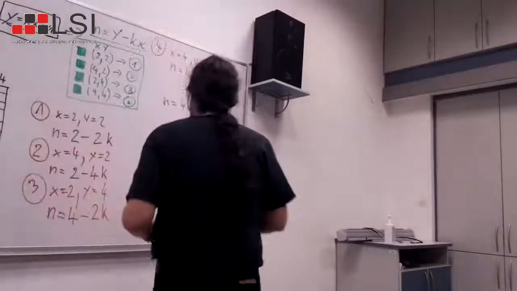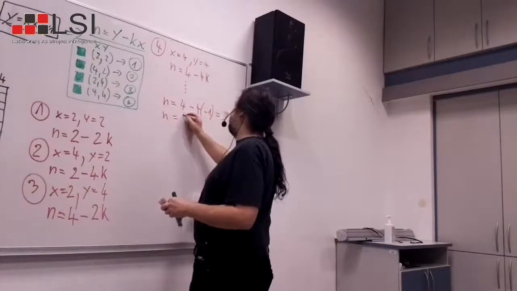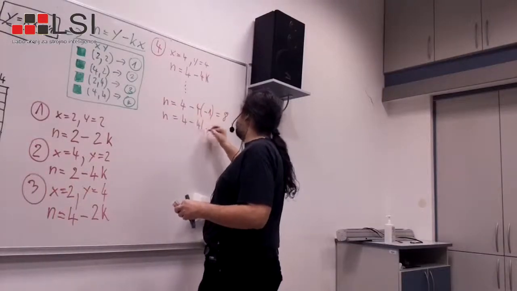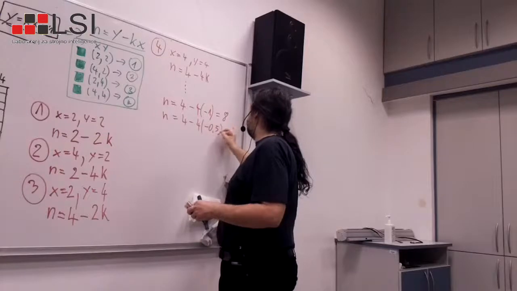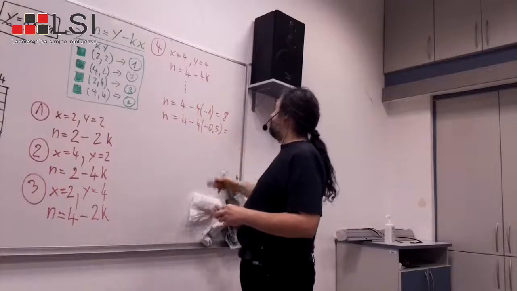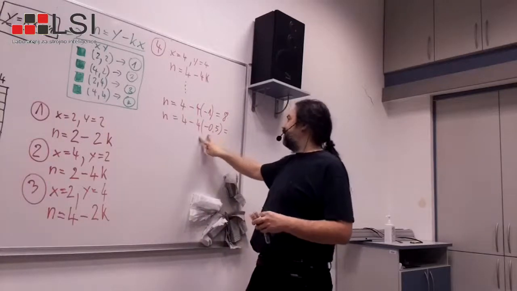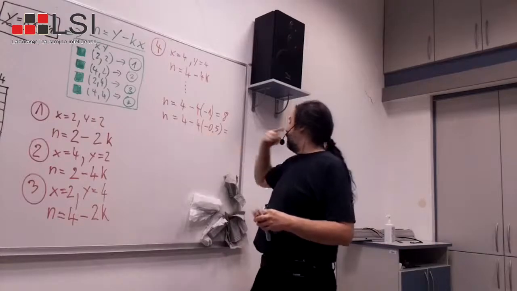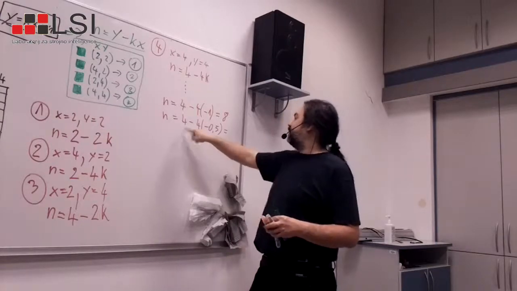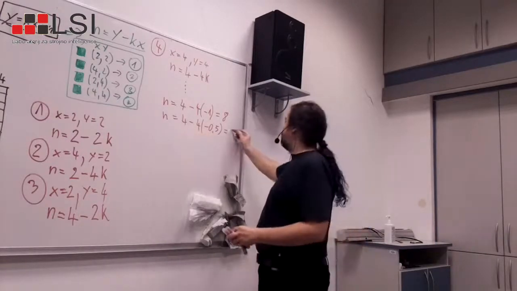So okay, let's do two more values. So let's say n is 4 minus 4 times minus 0.5. What we get, it's very easy. So this is then plus 2, 4 plus 2, it yields 6.